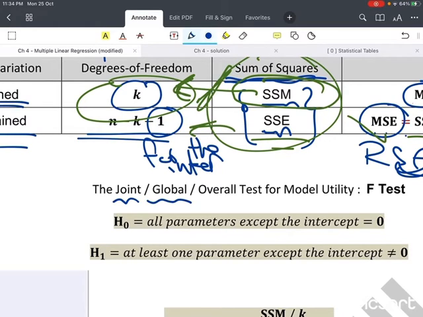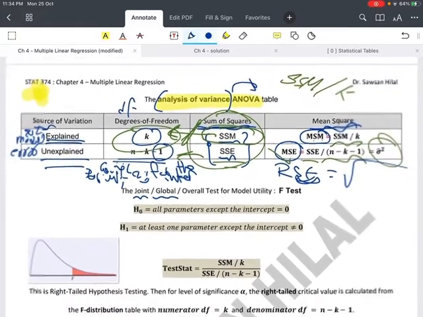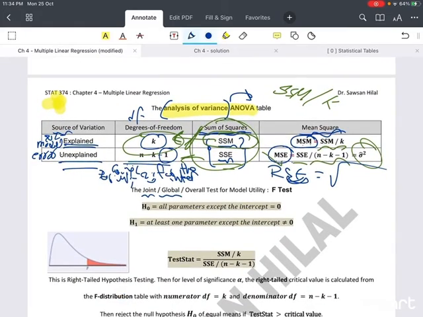Because it takes more than one parameter. That's why we call it joint or global: it is overall, as we said every time, the overall model testing. This test is called the F test.